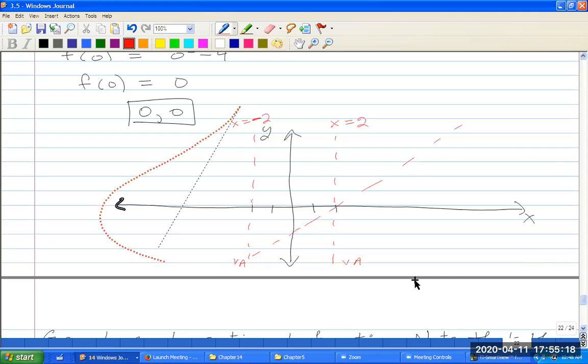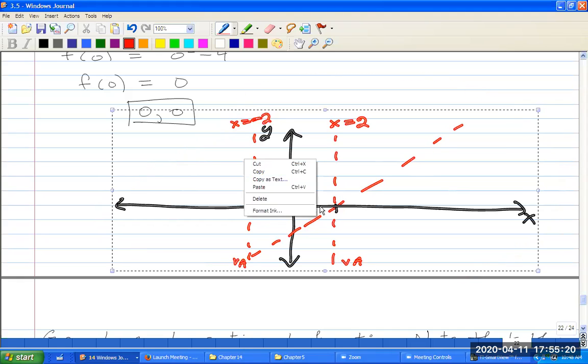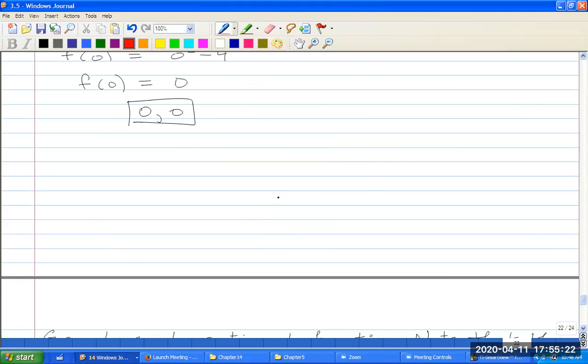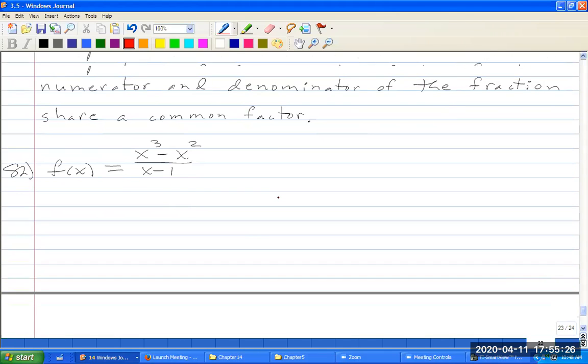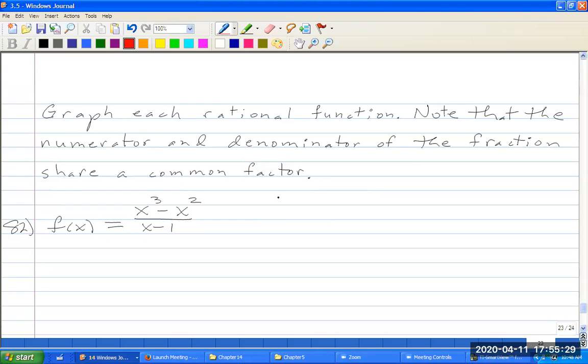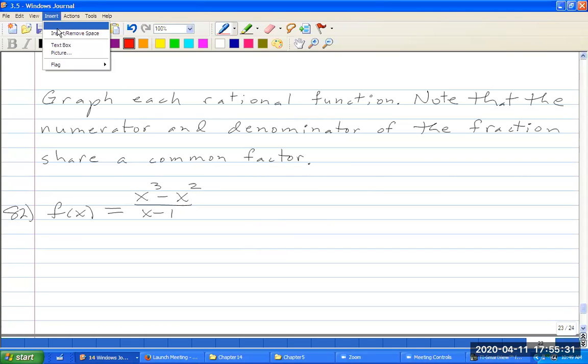Okay, so delete, new page. There's no way I can sketch a graph of this without doing a whole page. Okay. Let's try to sketch this thing.